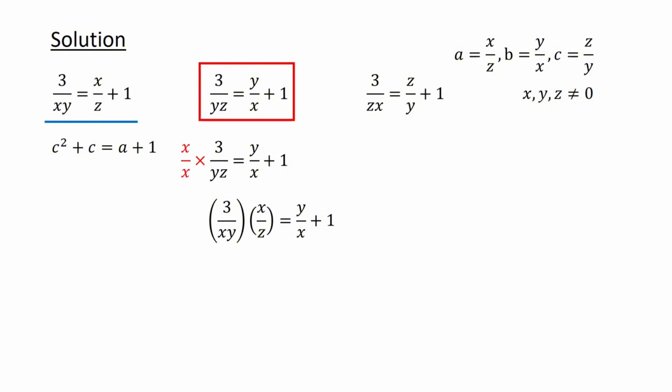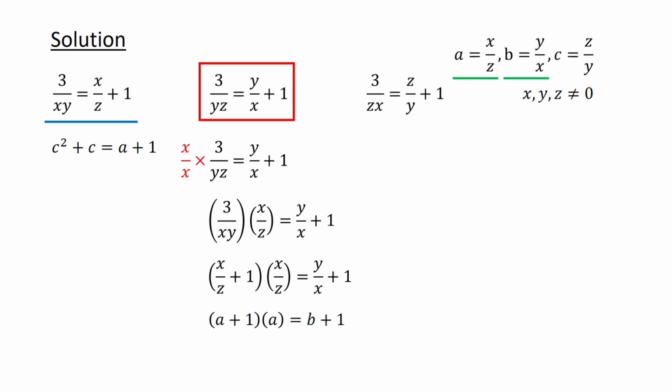Substituting 3 over xy equals x over z plus 1, we obtain (x over z plus 1) times x over z equals y over x plus 1. Since a equals x over z and b equals y over x, we have (a plus 1) times a equals b plus 1, which gives us a squared plus a equals b plus 1.